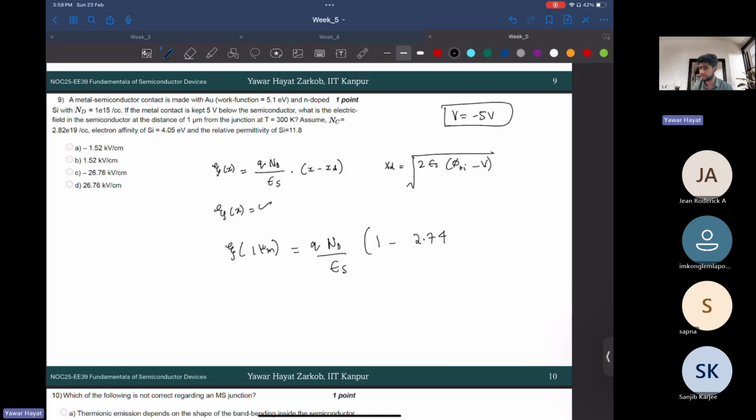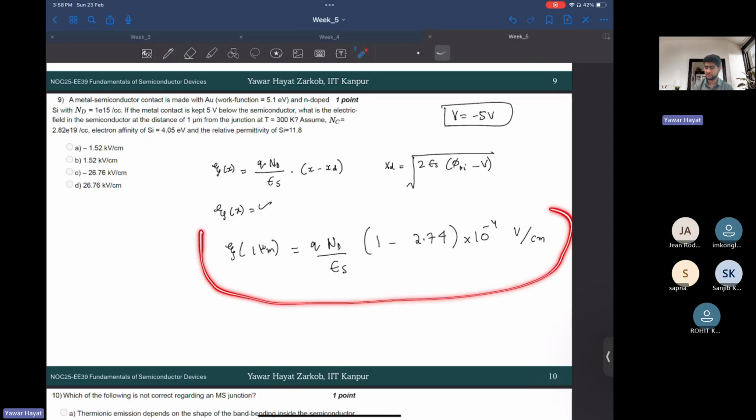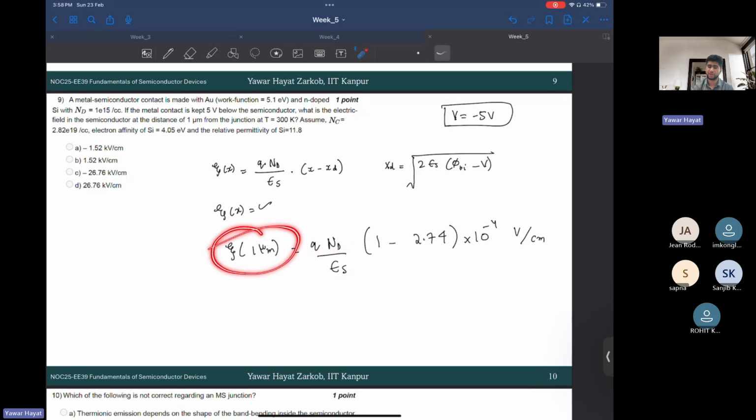I'll take this micrometer common, and convert it to volt per centimeter, so this would be 10 to the minus 4. This is the expression. Substitute Nd, epsilon s, q into this expression and obtain E.